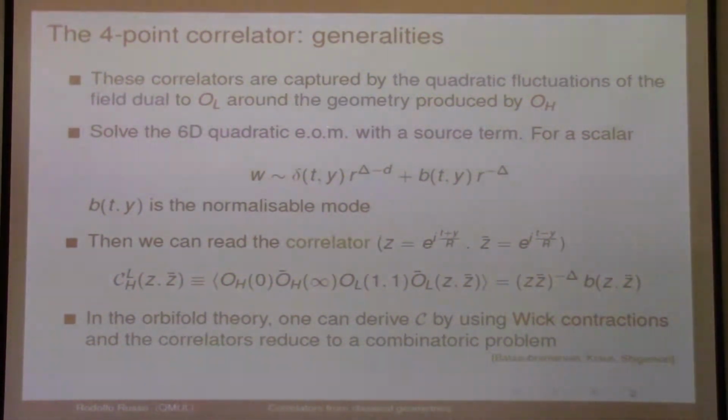Usually the type of wave equation that we can solve is geometric, and so it will have a regular solution in the center and a singular solution. So you take the regular solution, and that fixes for you uniquely this quantity.